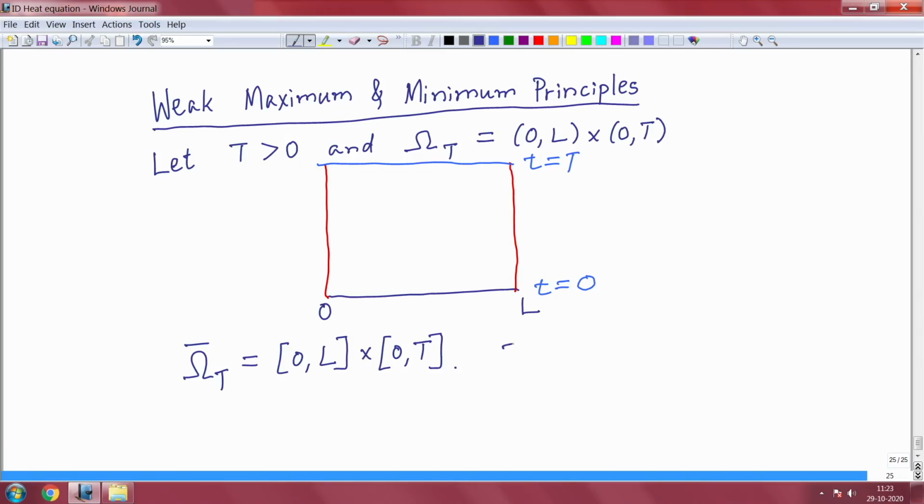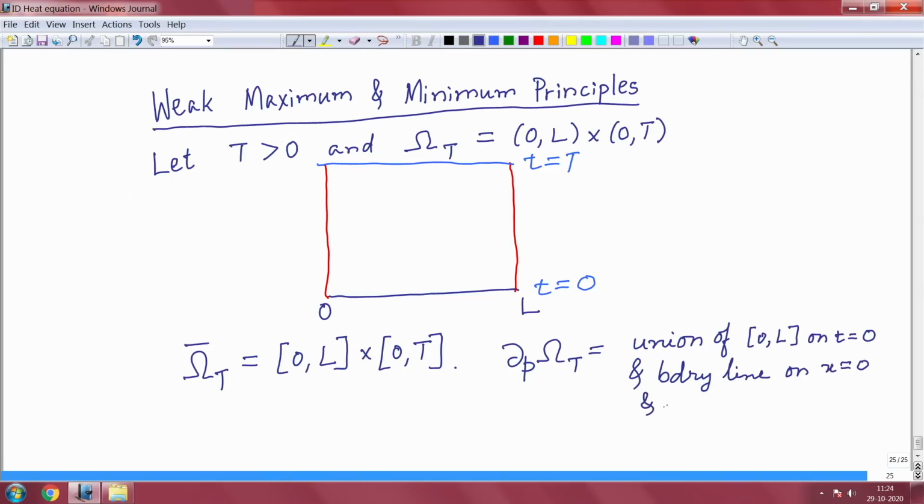Denote that by del p omega T. So, this is the union of the interval [0, L] on t equal to 0 and the boundary lines on x equal to 0 and x equal to L, shown in the red color.